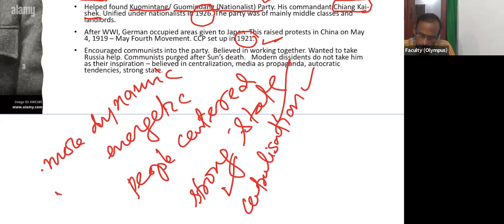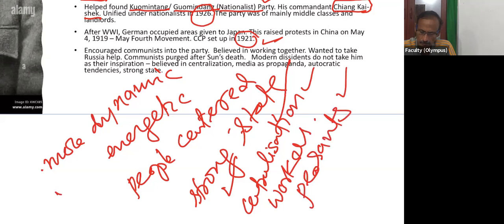And he was also interested in the welfare of workers and peasants. So there was a similarity between Sun Yat-sen and the communists, because of which he wanted communists to be a part of the Nationalist Party. And Sun Yat-sen was happy with some of the changes that the communists brought in the Nationalist Party.